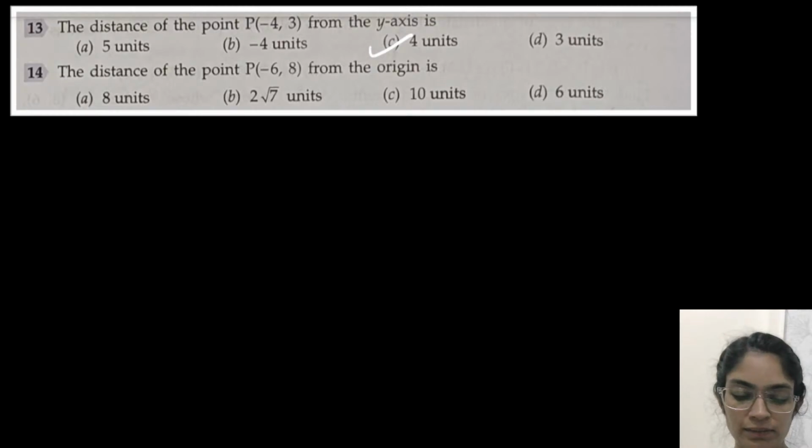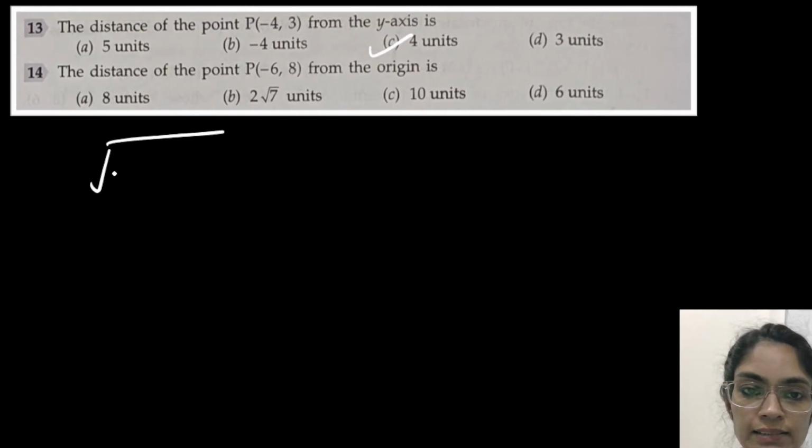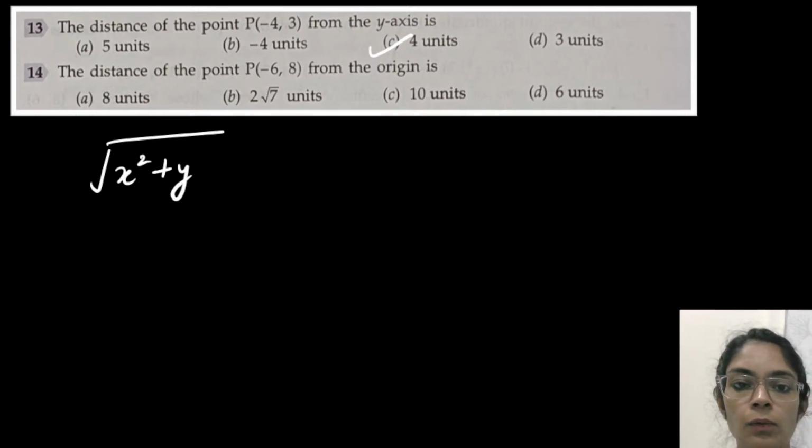Okay, I hope it's clear now. I don't know, maybe some network issues. Yes, so Nikhil has given the answer. Distance from the origin is the square root of x square plus y square.